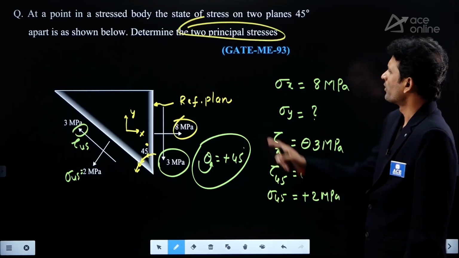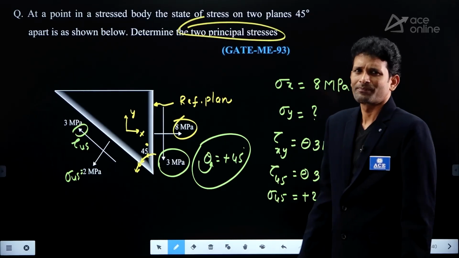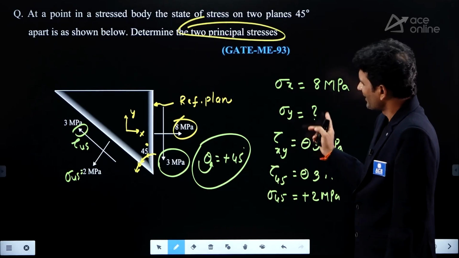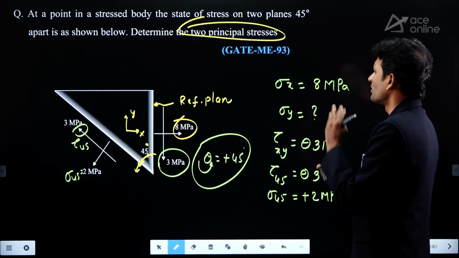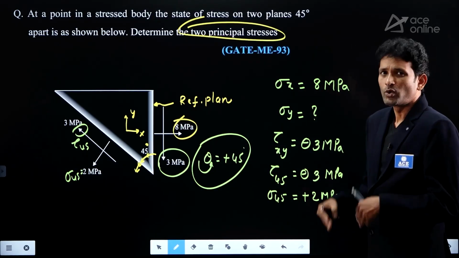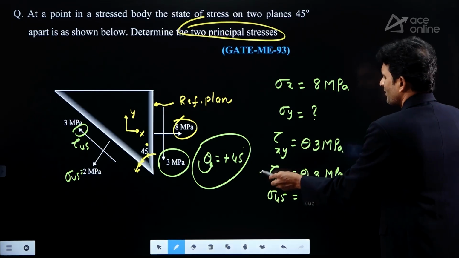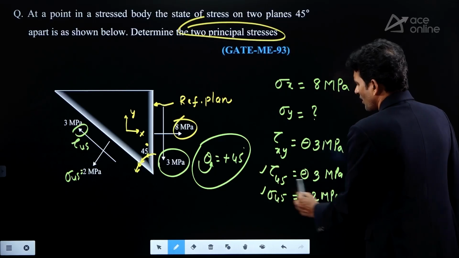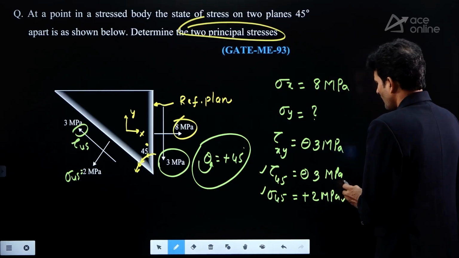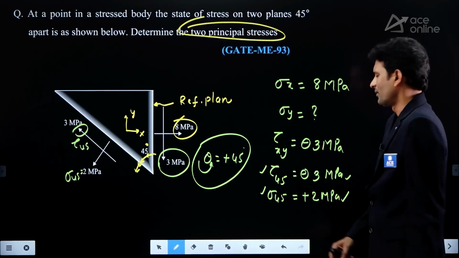From this data, before finding the 2 principal stresses, first verify whether sigma y exists in this case or not. After that only we need to find the principal stress. But how should I find that? This data is useful for us. Either you can use this one or this one. Any one of these is sufficient to get the sigma y value. How?